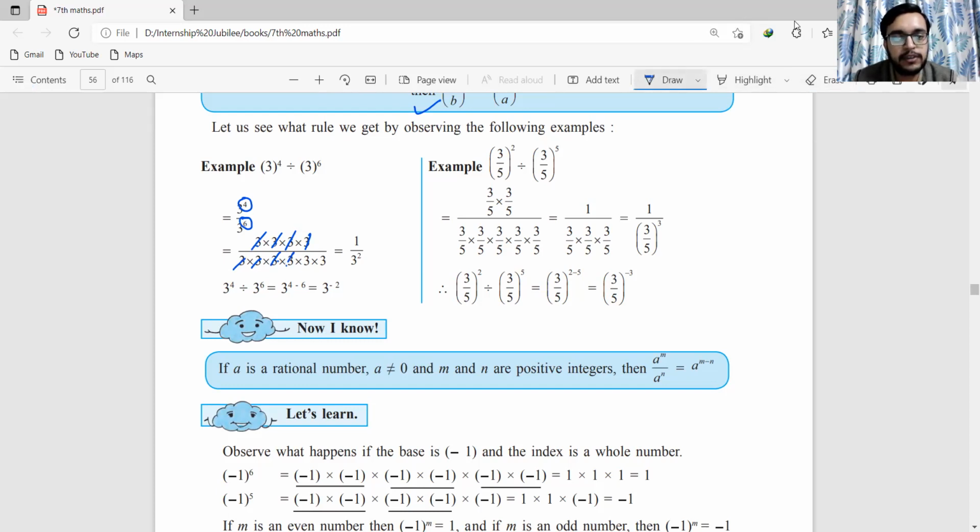Right, 1 upon 3 square, and if that 3 goes upward, it becomes 3 raised to power minus 2.